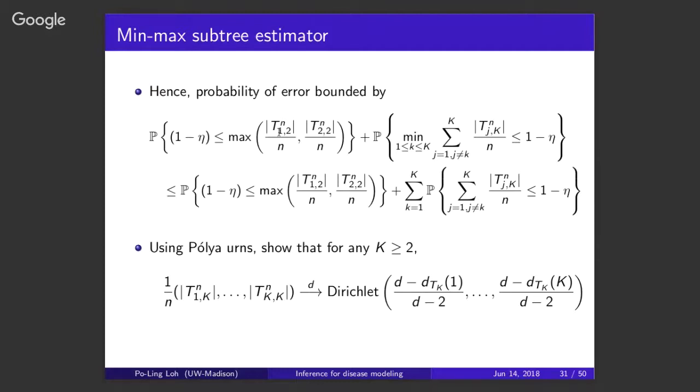The stuff we're looking at depends on the relative sizes of different subtrees in the infection graph, which we can control because of this Polya urn analysis that I outlined. Once we get it in the form of this middle line, the nice thing is that if we simply take a limit, the relative sizes of subtrees, which are hard to analyze, simply turn into tails of a Dirichlet distribution, because we know that in the limit, everything converges to a Dirichlet distribution.